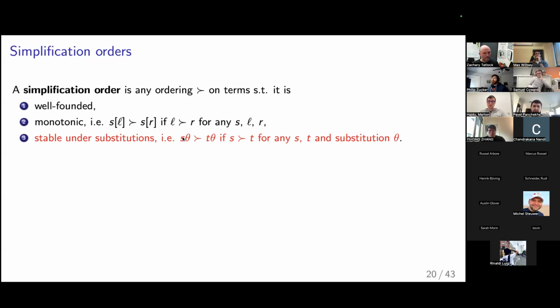This is also a very natural property because we want to potentially instantiate equations, and ordered equations should stay ordered after instantiating them in any way too.